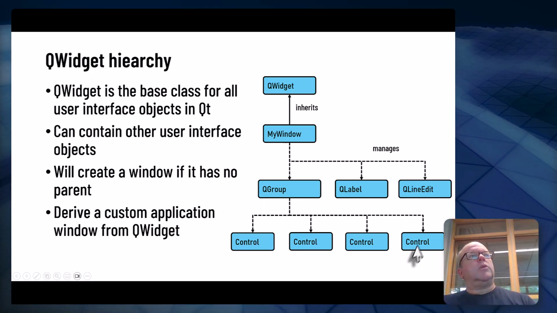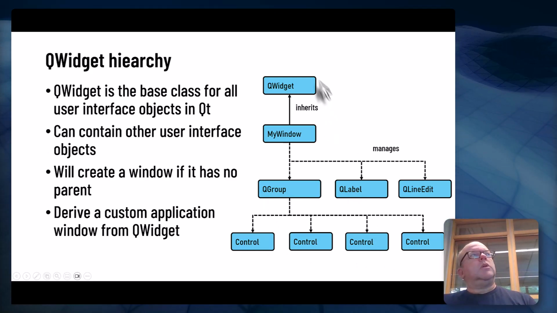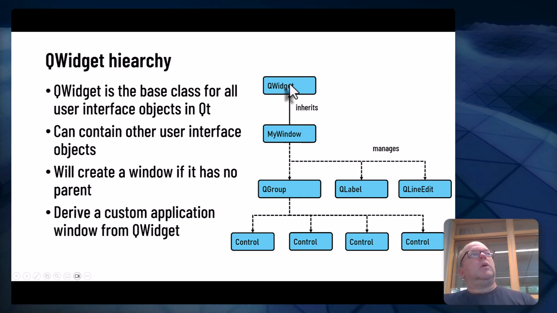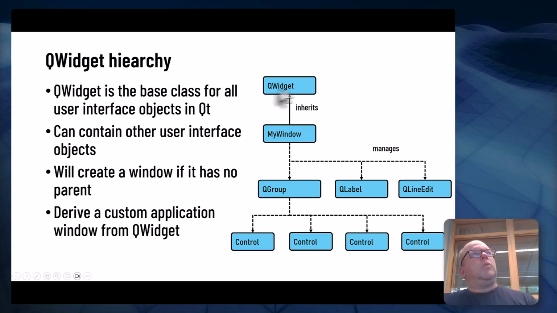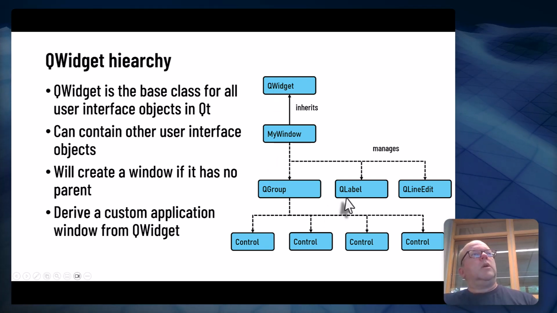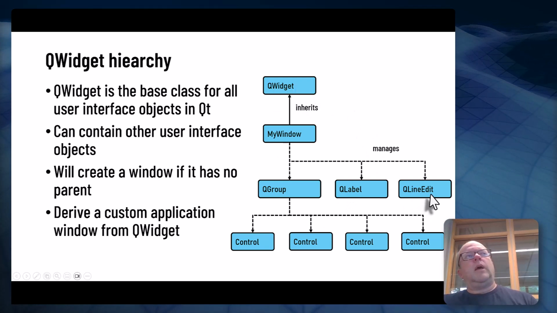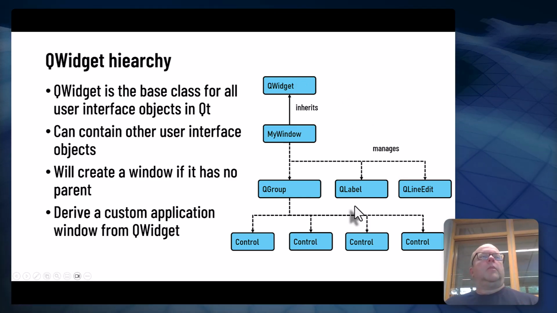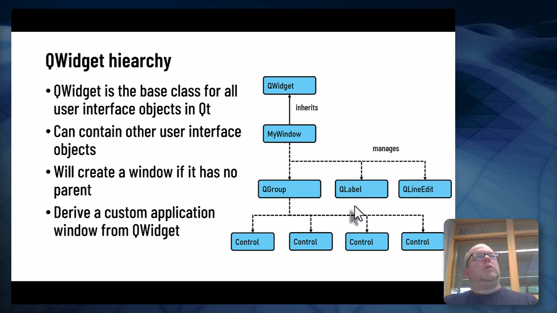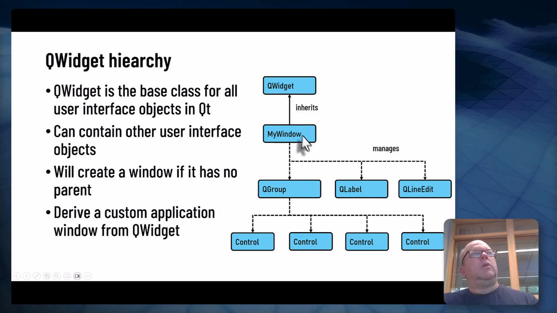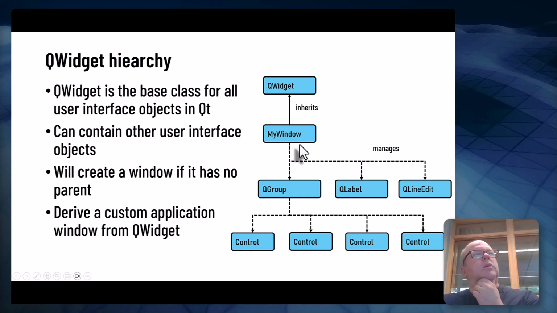And we have the controls here on the bottom. When you design a user interface, you build up this object hierarchy, but QWidget is the base class for all of the controls. QGroup is a QWidget, QLabel is also a QWidget, QLineEdit is also a QWidget. All of them are based on the base functionality of QWidget. If you want an empty window, you can inherit from QWidget, and then you can rename it yourself.